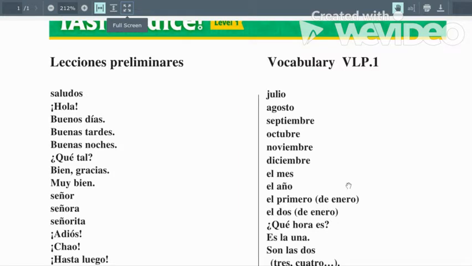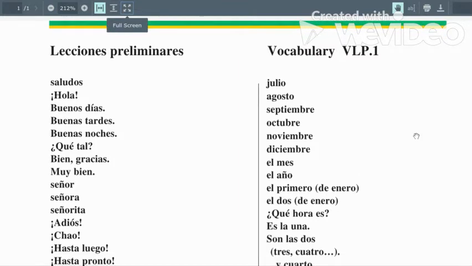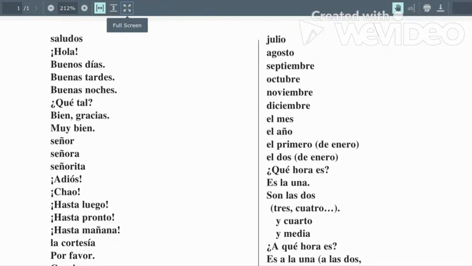So if you're talking about the date, if you say ¿Cuál es la fecha de hoy? Hoy es el primero. If you're saying like it's the first, so el primero de enero would be like the first of the year, the 1st of January. El dos de enero is the 2nd of January.